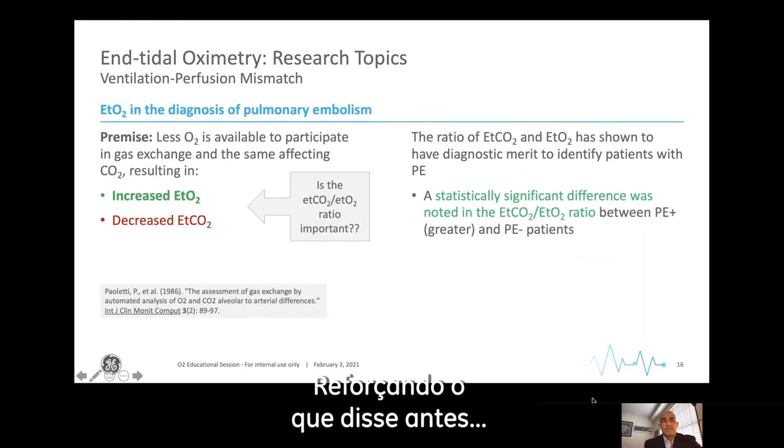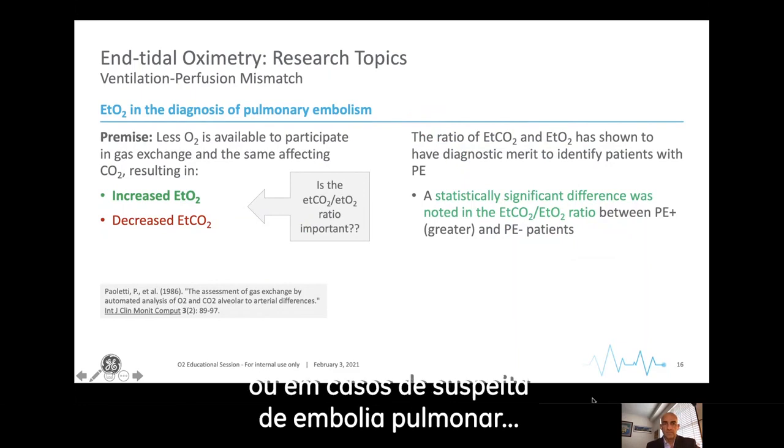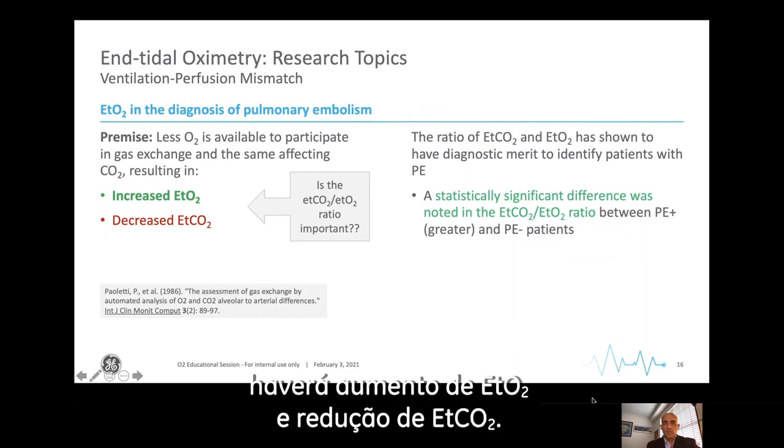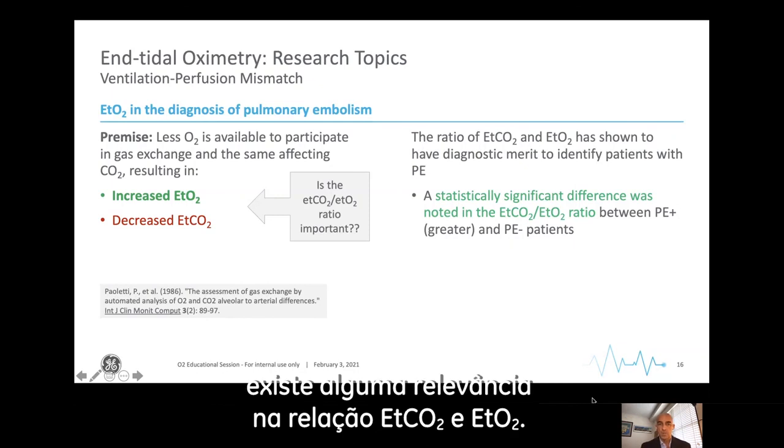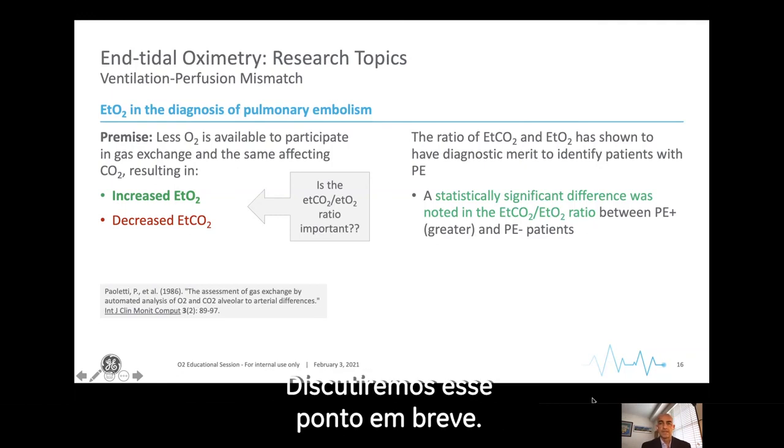Just to reiterate, in the presence of a pulmonary embolism or a suspected pulmonary embolism, there will be an increase in the end-tidal oxygen while there will be a decrease in the end-tidal CO2. One of the questions posed by Paoletti is whether there is any relevance to a ratio between the end-tidal CO2 and the end-tidal oxygen. We'll talk about that in a sec.